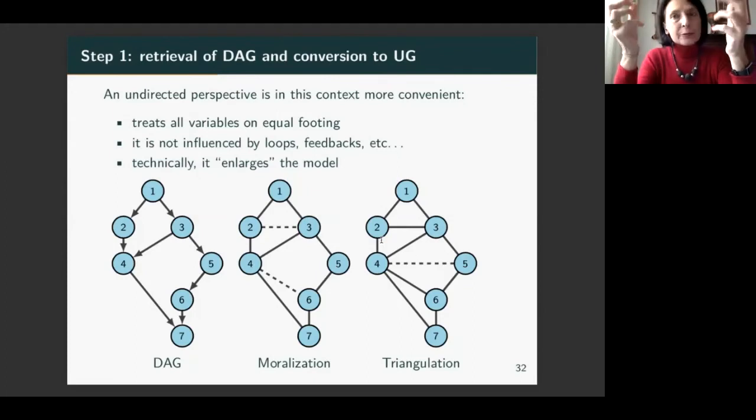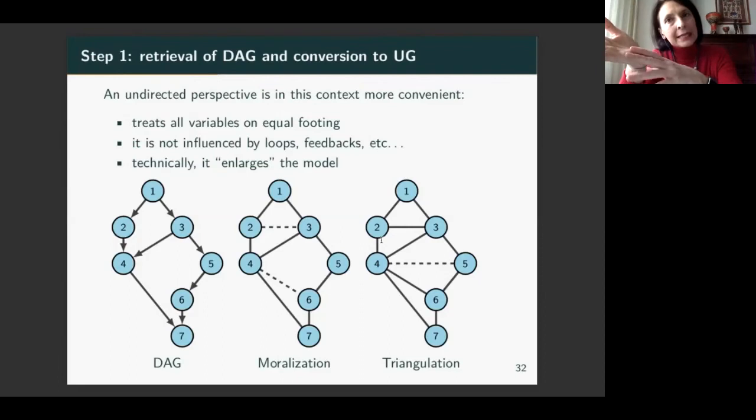Technically speaking, these are rather more technical details, but moving to an undirected graph somehow enlarges the statistical model. So the statistical model is able, intuitively, to deal with more peculiarities than the DAG.